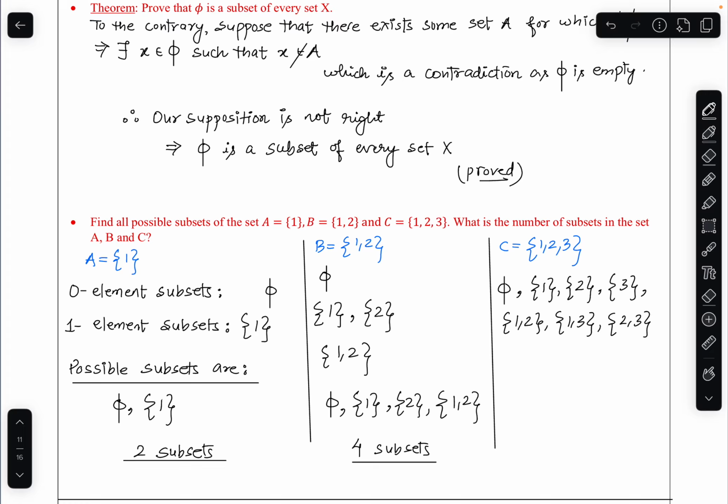The 2 element subsets are done, and then we are moving on to the 3 element subsets. That would be 1 comma 2 comma 3, and that is all that we are going to have for the subsets here. And the number of subsets would be, as we see here, 4 here, and there are 4 here. So they are 8 in number.